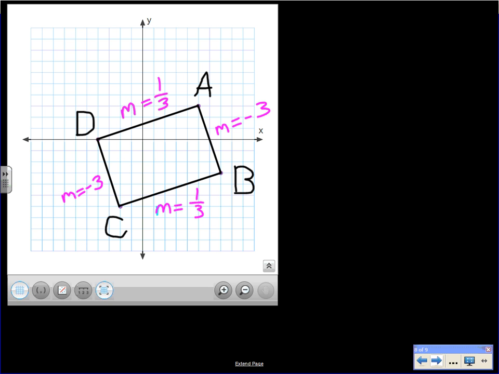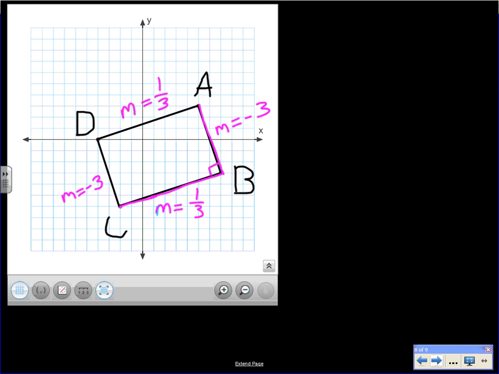Well, the second part of our definition of a rectangle should indicate that we have right angles. We'll have right angles if BC is perpendicular to AB. We'll have one right angle between those two sides.